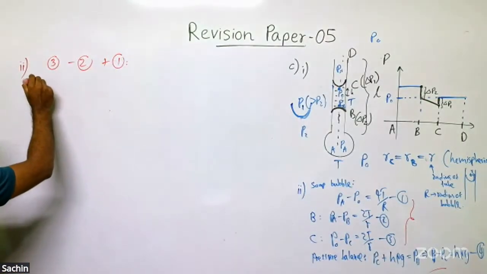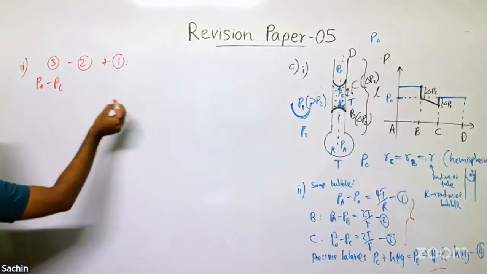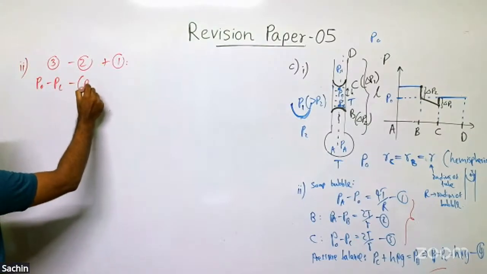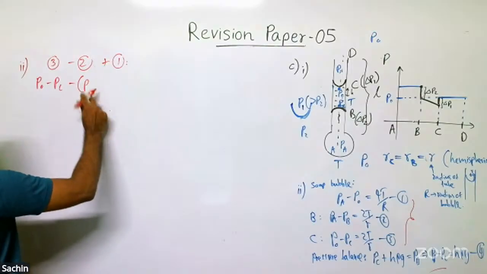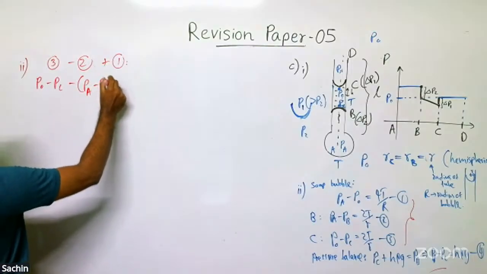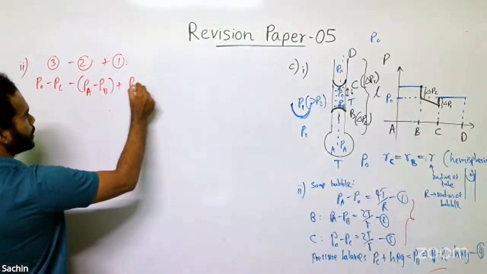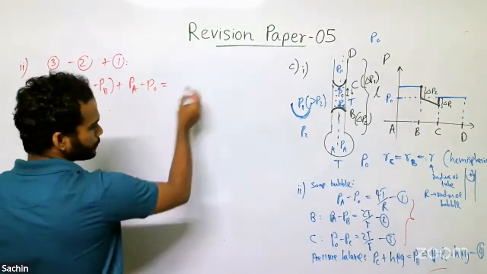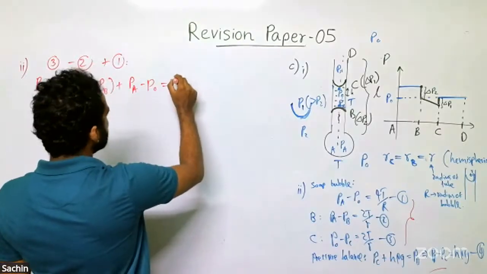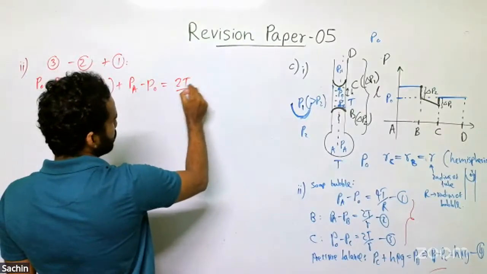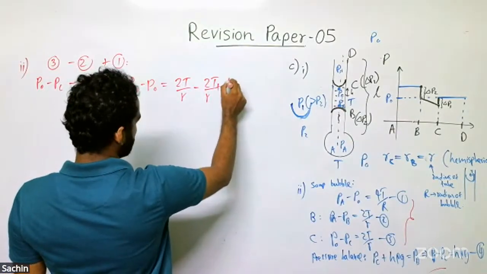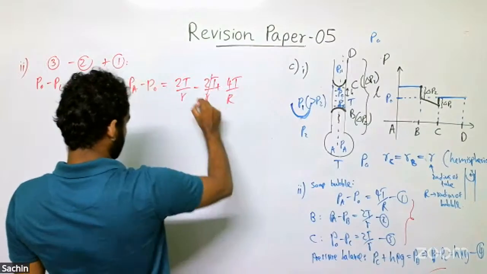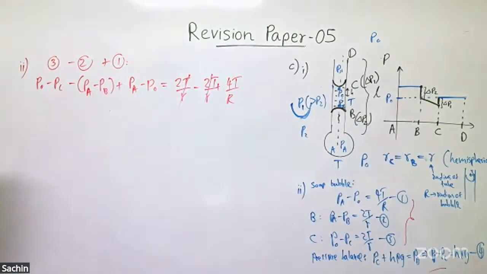Okay, so the third one, P naught minus PC and minus PB plus PA minus P naught is equal to third one 2T over simple r minus second one 2T over simple r plus 4T upon capital R. Same expression getting cancelled.